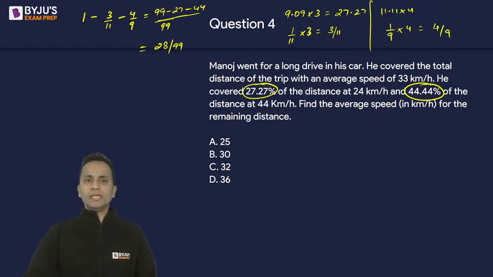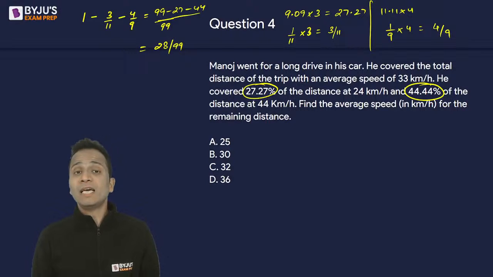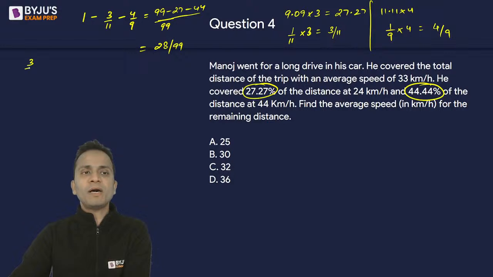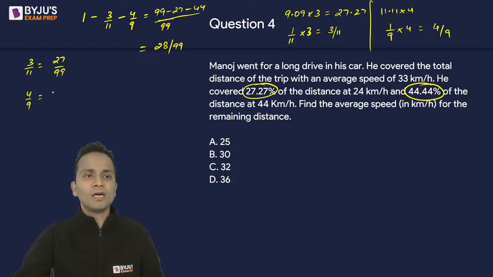Now if I assume the total distance as 99, this fraction 3 by 11, if I multiply both numerator and denominator by 9, will become 27 upon 99. This is the first part of the distance. Then 4 by 9 can be written as 44 upon 99, and the remaining distance is 28 upon 99.